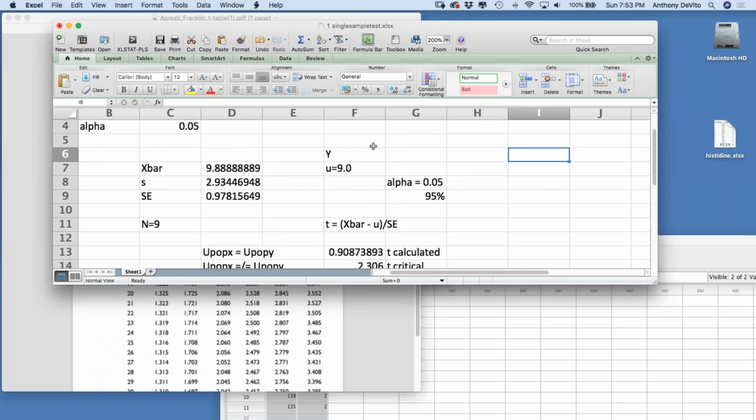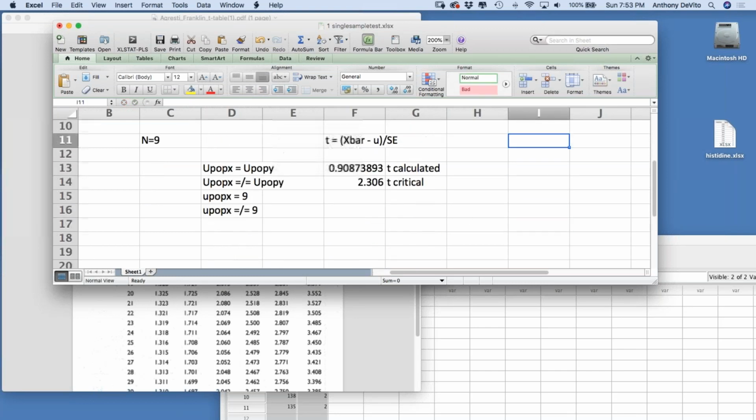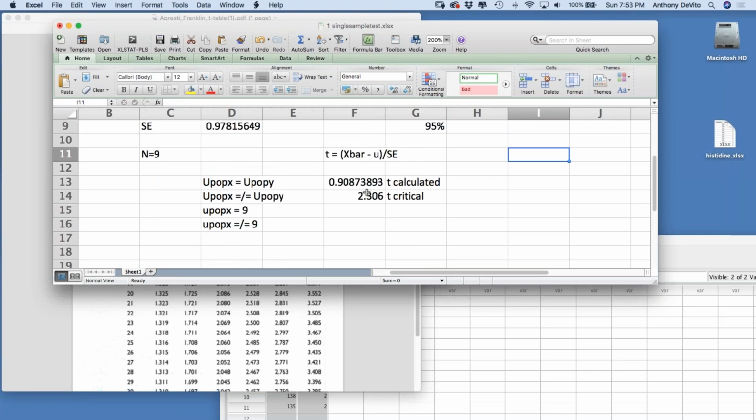Well, let's say that mu was equal to, instead of being equal to 9, was equal to 13. How would that have changed things? Okay, let's take a look at that.